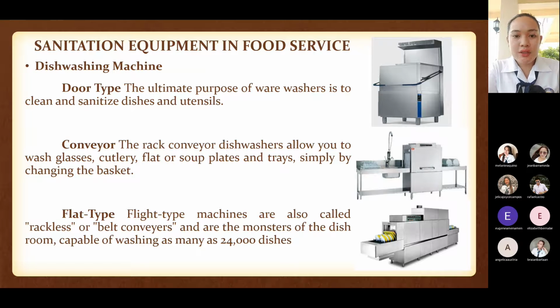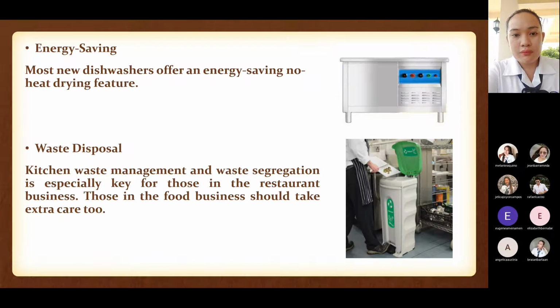Flat type. This type of machine is also called a rackless or belt conveyor and is the monster of the dish room, capable of washing as many as 24,000 dishes. Energy saving.